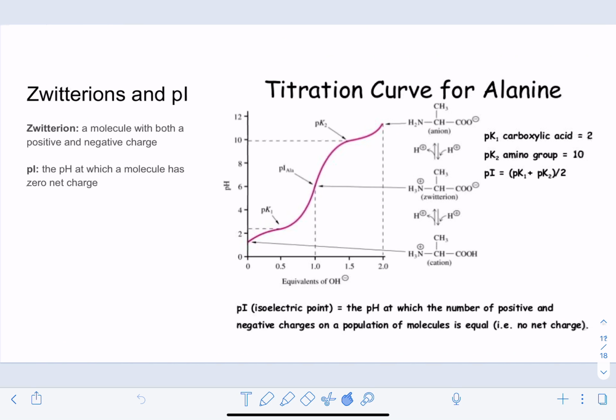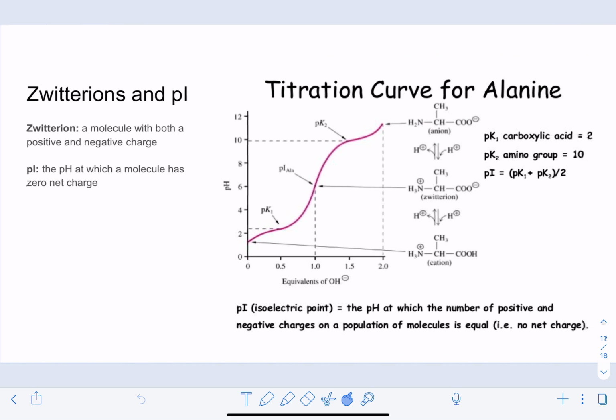So, for example, looking at the carboxyl group in a neutral environment, because the pKa of the carboxylic acid is less than 7, the carboxylic acid will be deprotonated. And conversely, because the pKa of the amino group is greater than 7, the amino group of an amino acid will be protonated.